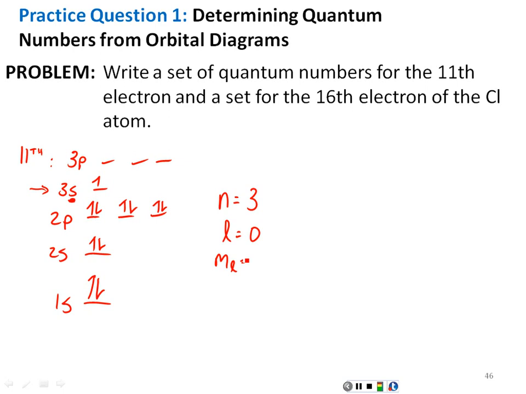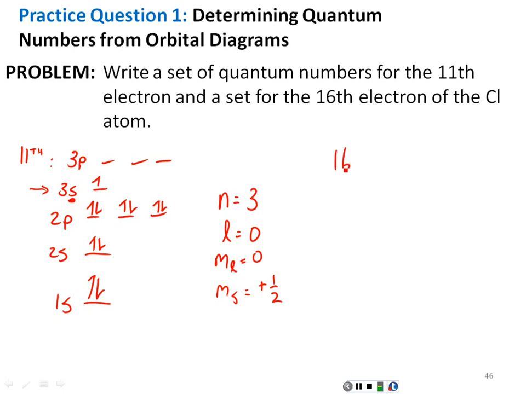Well, m sub L can only be 0 because L is 0. There's only one value. And what about m sub S? It can be +1/2 or -1/2. Just by arbitrary convention, we kind of start with +1/2. So because that's the first electron in that orbital, we write +1/2. Okay, so that's the 11th.